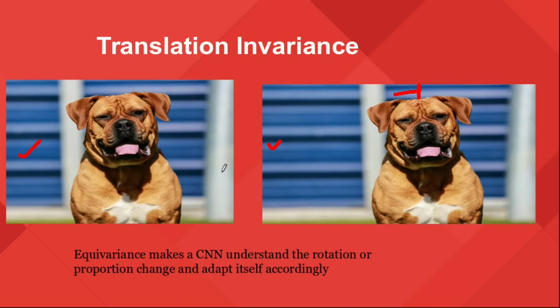So if you were using binary classification, it's going to predict one in this case and one in this case also, but there's actually a difference between these two images regarding the position of the dog, and this results in difficulty correctly identifying objects that hold spatial relationships between features.